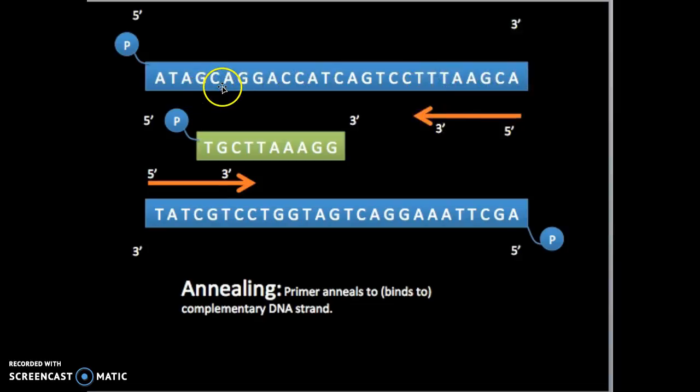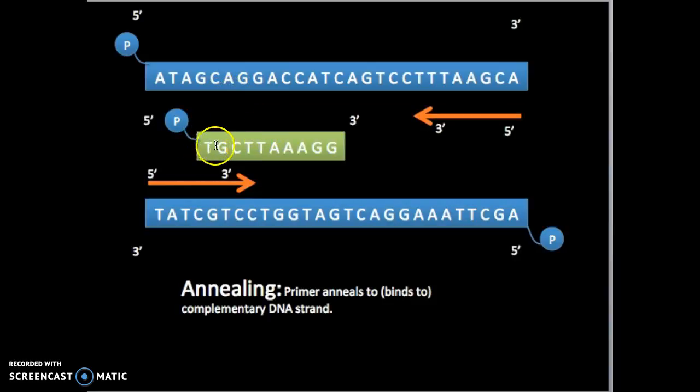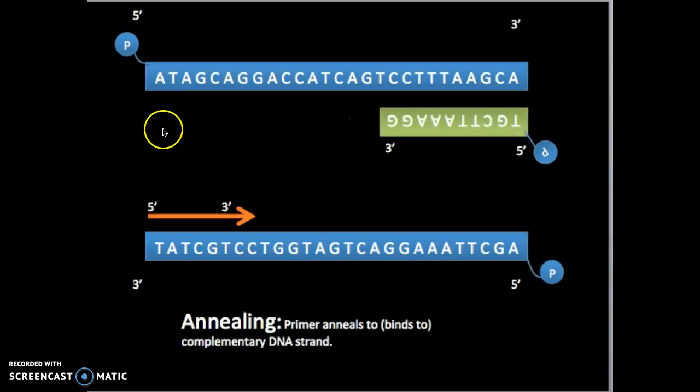Okay, so I'll show you this. We started out with it running in this direction with the T on the 5' end, and we're going to reverse that. So you have the T on the 5' end, but it's running in the same direction. It's just the reverse orientation. Hopefully you can see that that lines up and complements the end of this top strand.